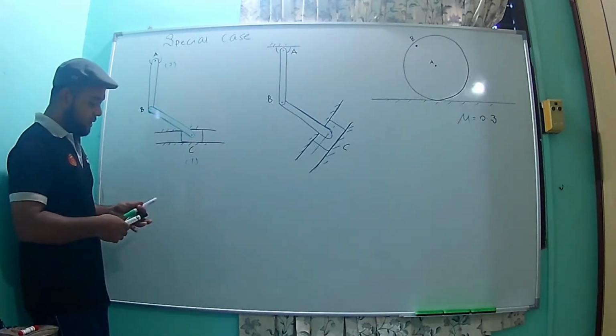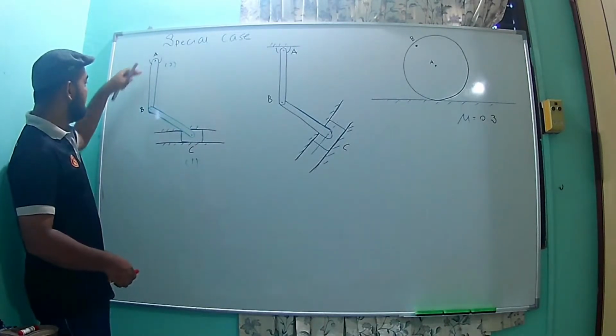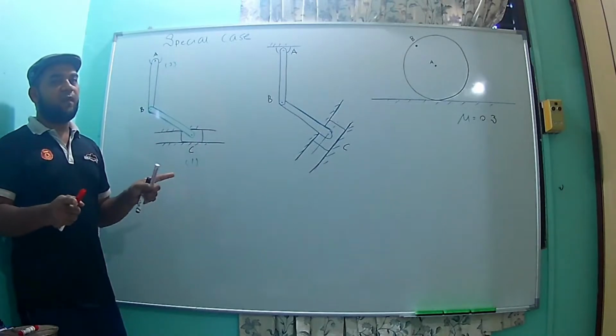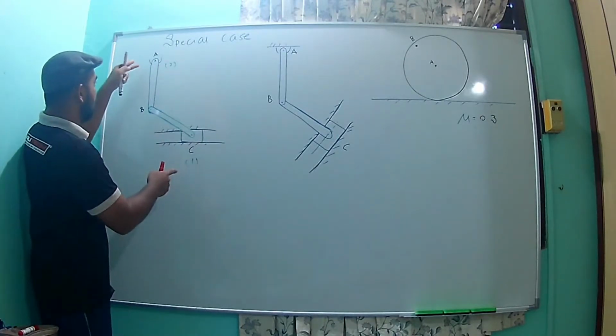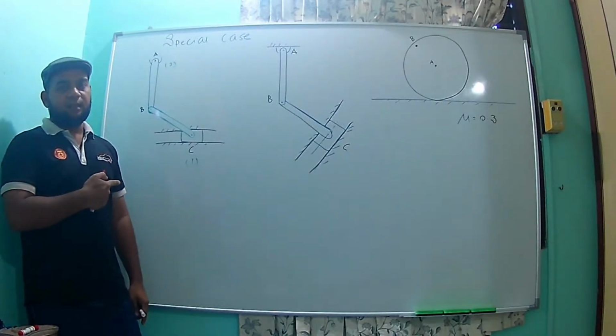The first thing we do is solve the simple part, which is AB, and we want to solve at the point where this simple part connects with the general plane motion.